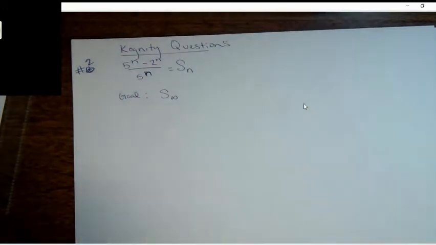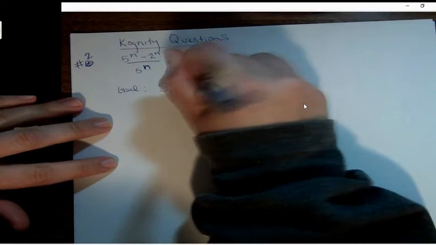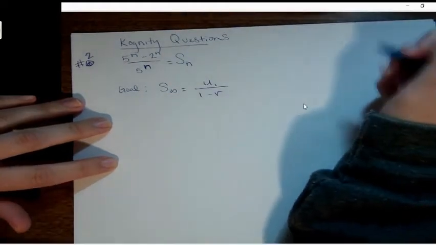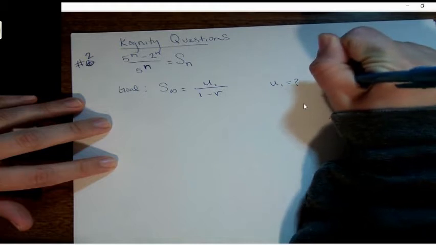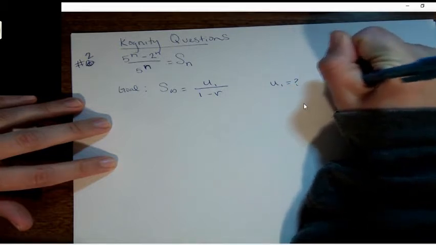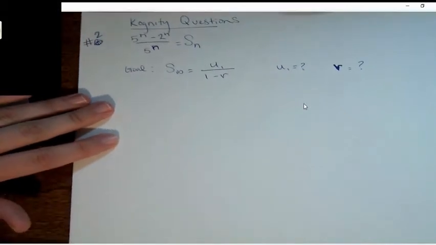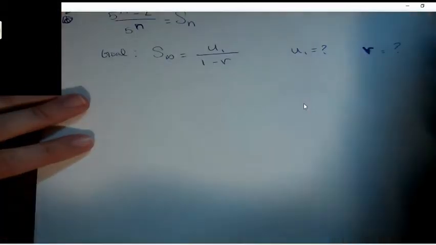Okay, we know a formula for S of infinity. The formula for S of infinity is U1 over 1 minus R. Okay, so in order to find this, we need to know what U1 is, and we need to know what R is. Okay, we need to know those two things. All right, so we do not know those two things, but we do know what the sum of the first n terms is.